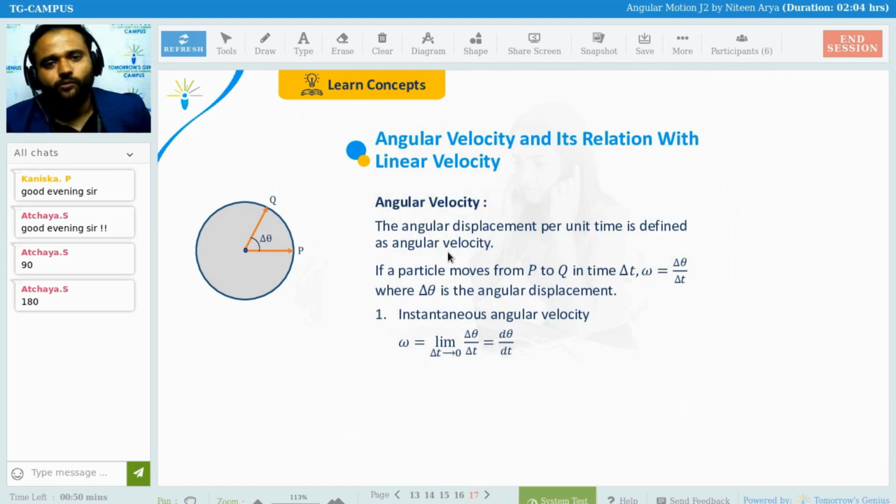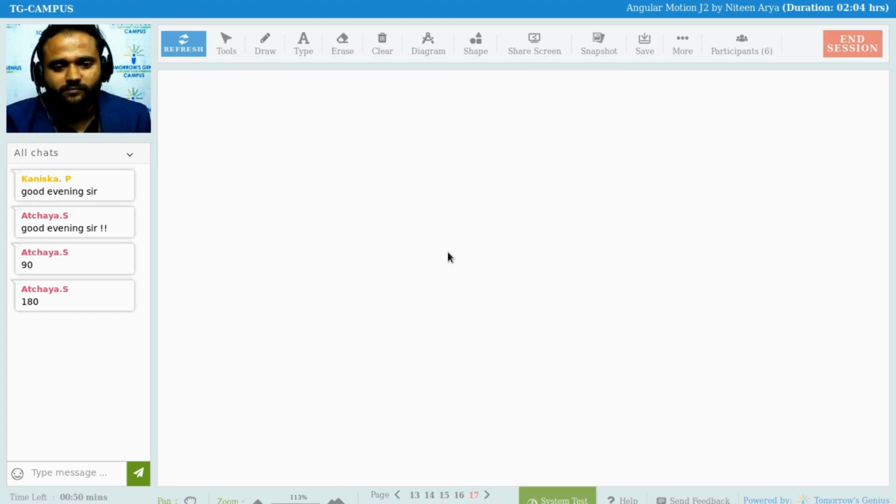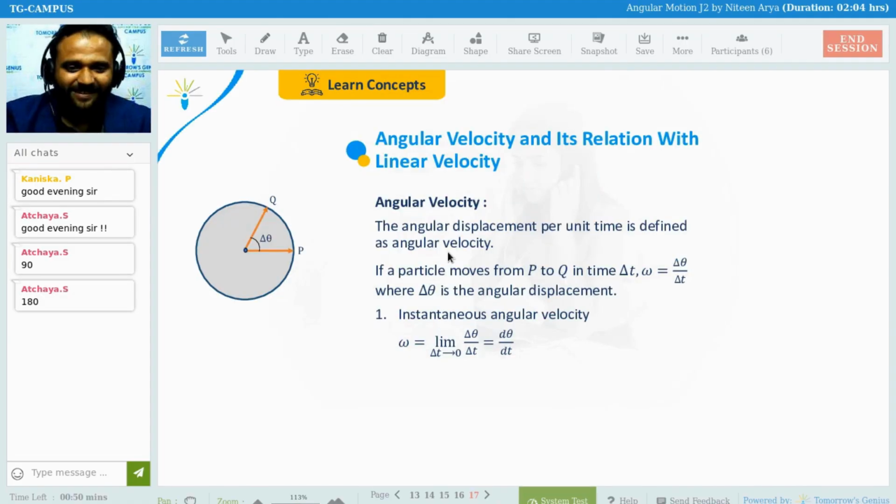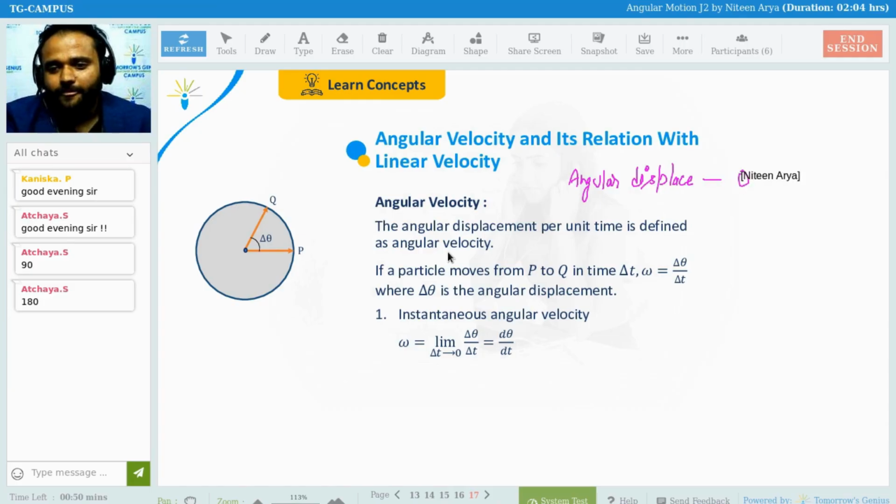So angular velocity: the moment we know this relation, theta, or you can say angular displacement. This terminology is going to help you a lot.